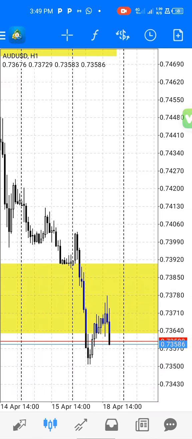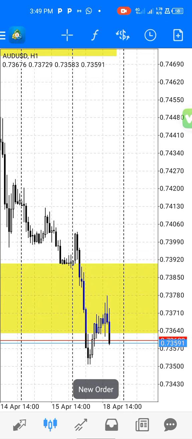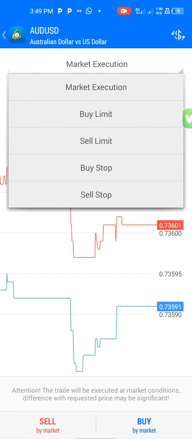Now let me try explaining briefly. Like I said initially, when you want to make a trade directly, you execute it on market execution. But let's pick them one after the other. What is buy limit?